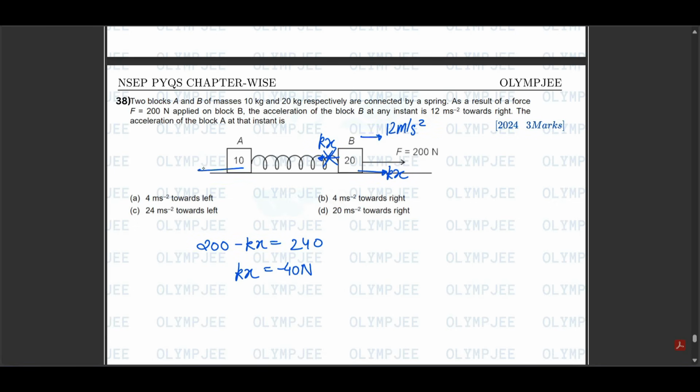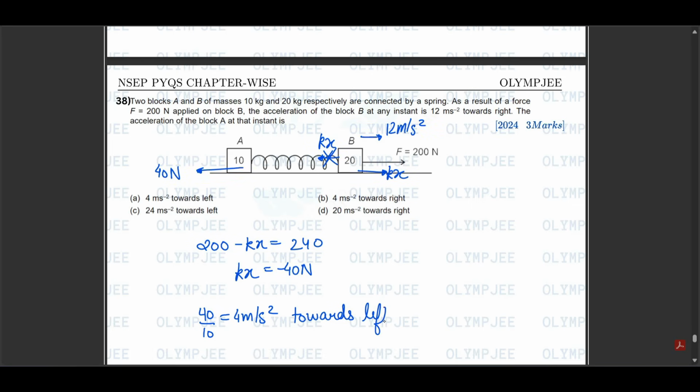So on this block 40 newtons would be acting this way, because kx would be acting towards the left side because this spring is compressed. So the acceleration of 10 kg block would be 40 divided by 10, which is 4 meter per second square towards left.